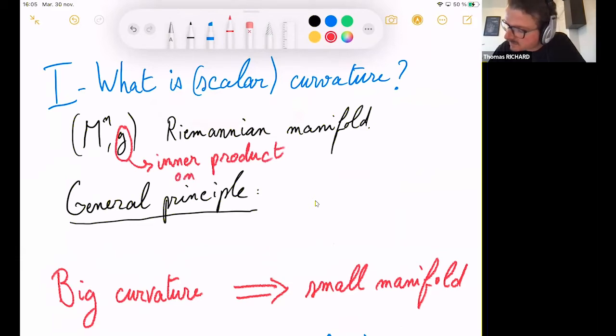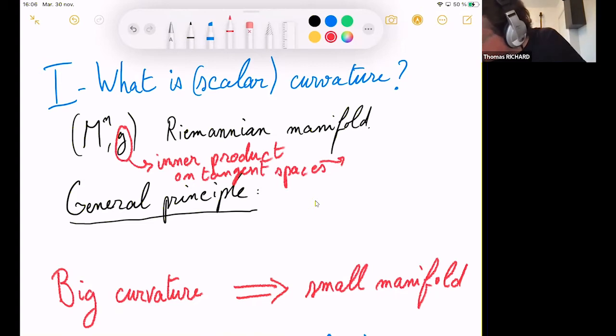With that, you can measure the speed of a curve inside your manifold, and so you can measure the length of curves.